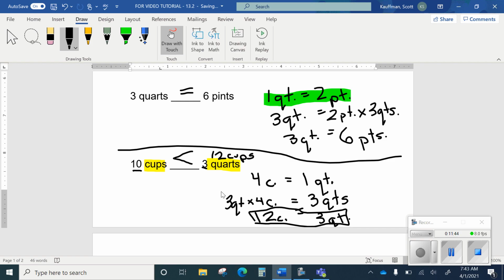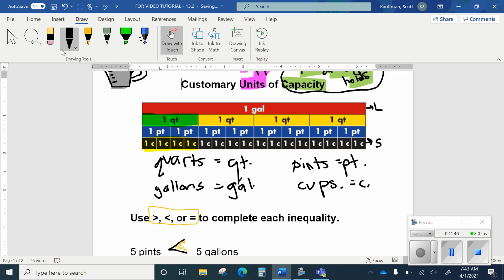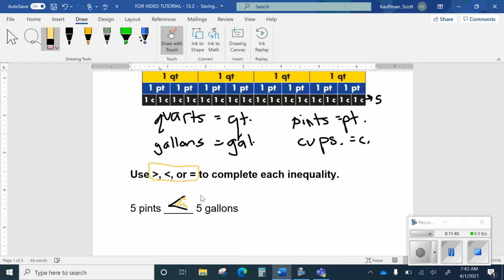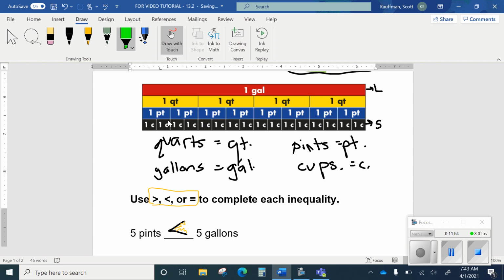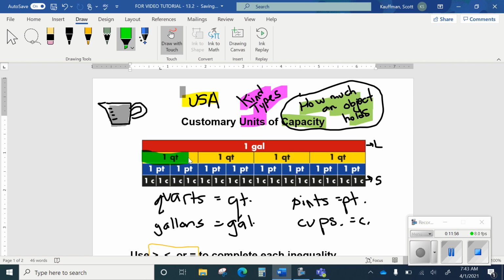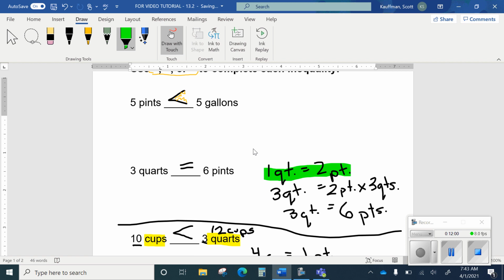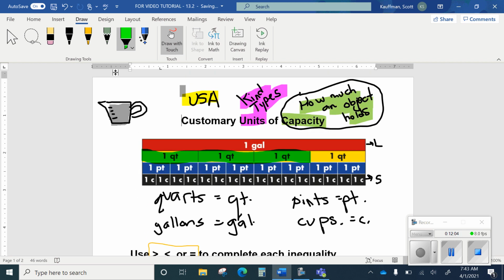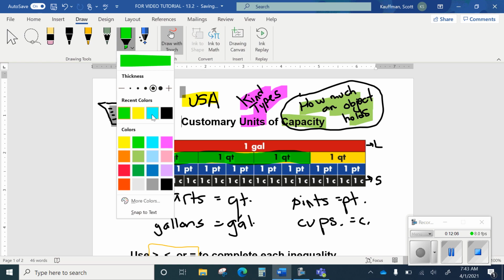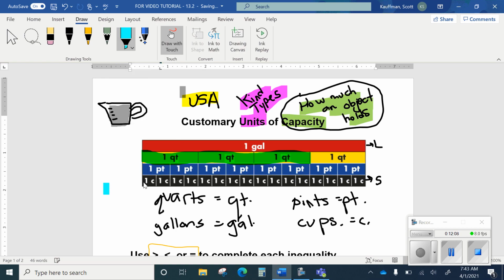Let's go up onto our model and let's take a look at that. Let's find 3 quarts on the model. Let's highlight 3 quarts. All right. Now let's highlight 10 cups. Let's see which bar is bigger. I'll do it in blue this time. 10 cups. 1, 2, 3, 4, 5, 6, 7, 8, 9, 10.